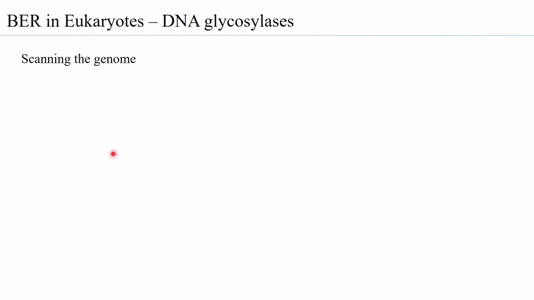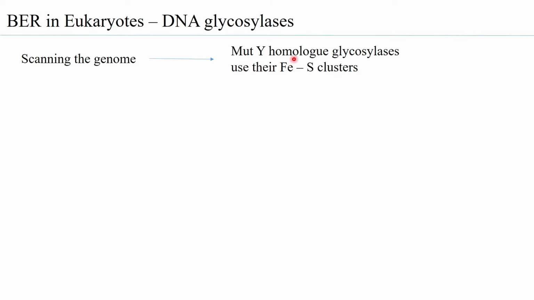So here we are going to just take 2 or 3 examples of DNA glycosylases to see how they scan the genome and are able to identify, detect and verify that it is the base that it has to remove. So let's look first at MutY homolog glycosylases.